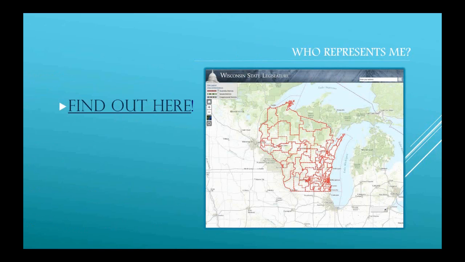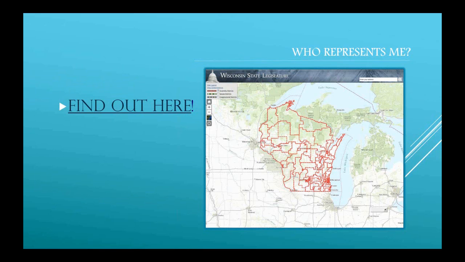Now, to really figure out who represents you, you can go to the legislature's website, and specifically to this page. You can type in your address in the upper right-hand corner, or you can click on the red districts and zoom in to find out who represents who and where.